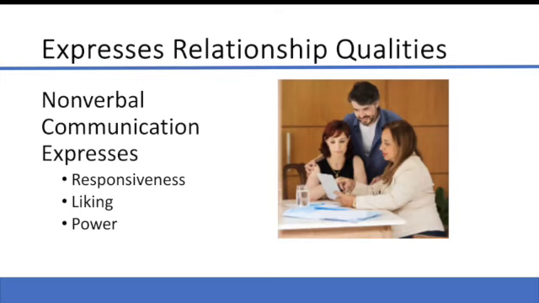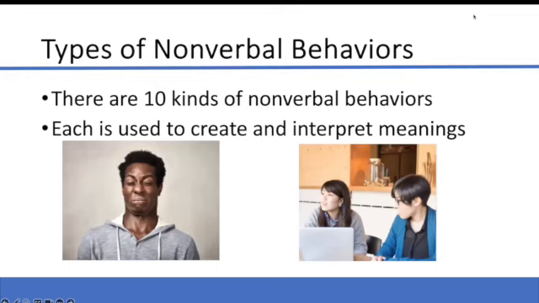So either one of those interpretations could be correct, right? And that's the thing about nonverbal. It's a little bit ambiguous, but it also does define relationships or express them, express responsiveness, liking, and power in relationships. Now we're going to go into the types of nonverbal communication. There are 10 types of nonverbal communication, and each of them is used to create and interpret meanings.